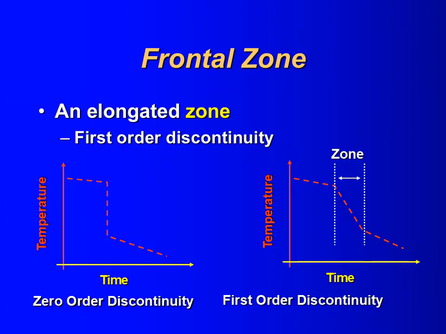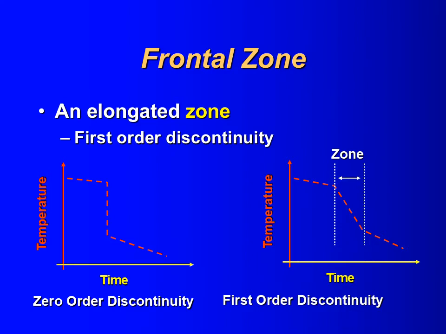Just getting a little bit more detail into what exactly is a zone. When a front goes through, we don't see an immediate change in temperature. On one side of the front, it may be 70 degrees. It doesn't automatically drop right down to 20 degrees. There's a time period as the front goes through where the temperature drops or changes.